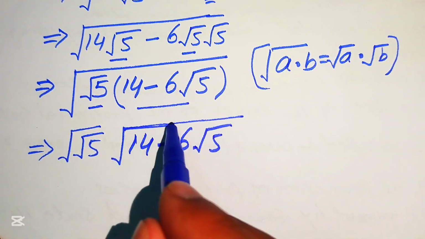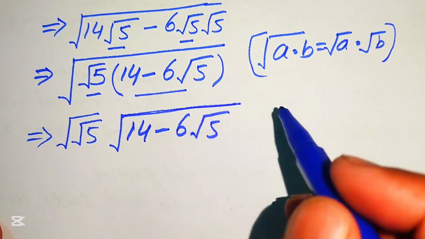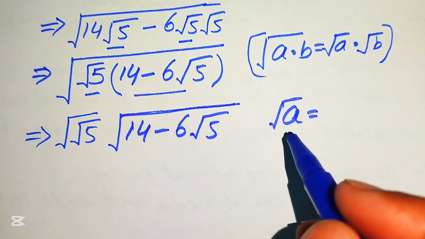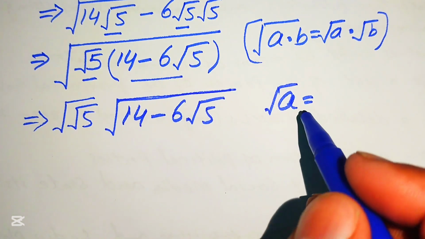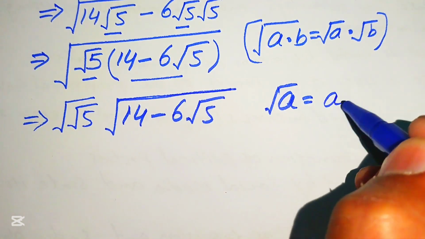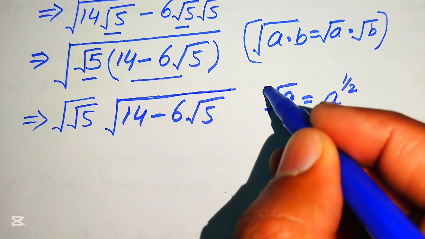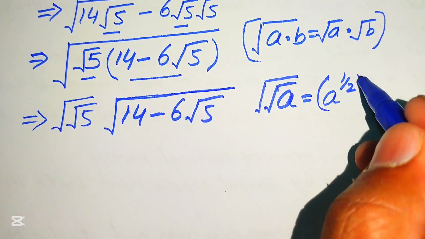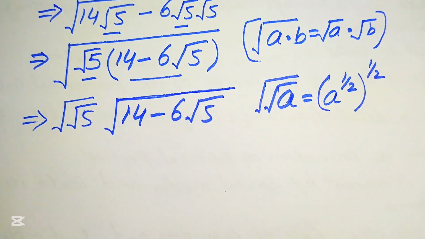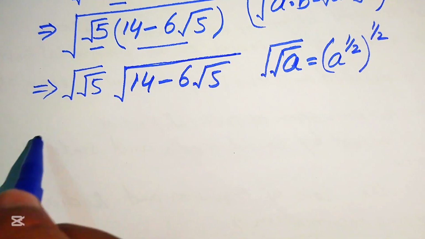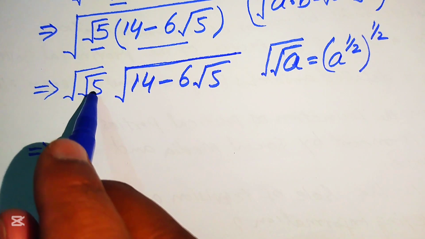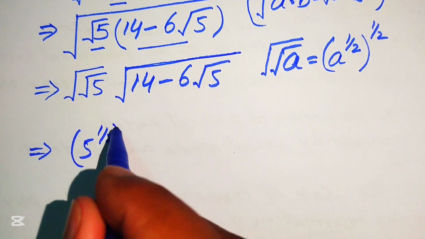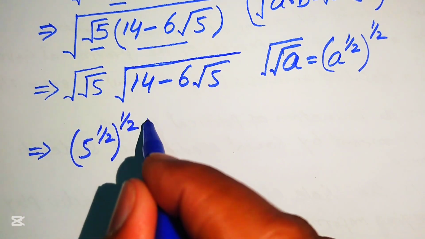In the next step, if we have the square root of a, we write this radical in exponent form as a to the power of 1 over 2. Similarly, with one more square root, it will be written as 1 over 2 to the power of 1 over 2. So we write the square root of the square root of 5 as 5 to the power of 1 over 2, and its whole power 1 over 2.